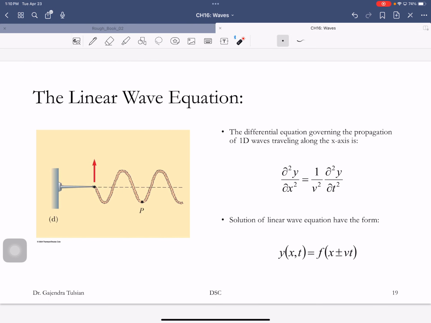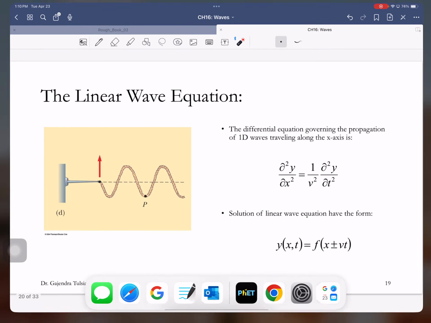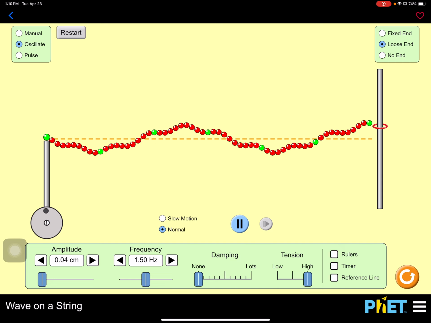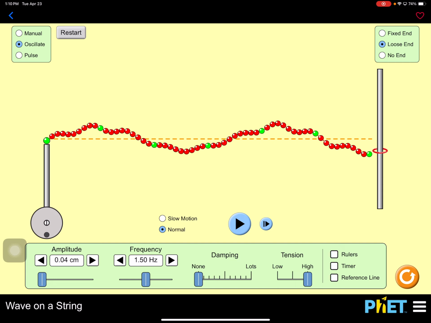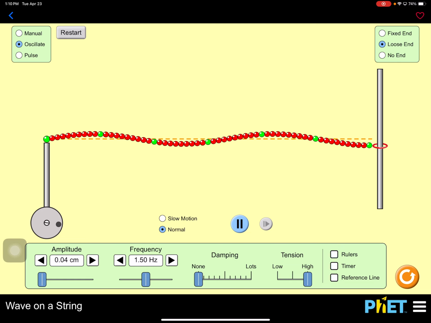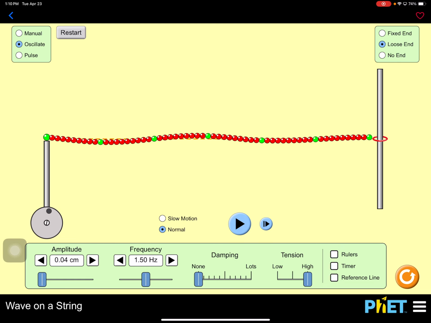All right. So here's the wave equation. So what we are saying is, you disturb this guy. Why is this displacement that you're measuring?